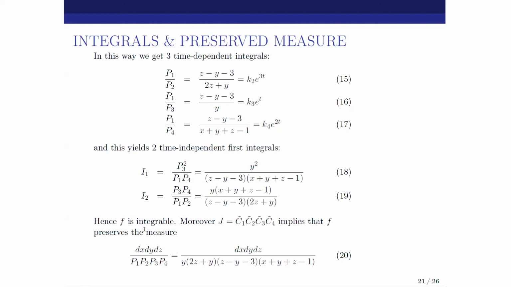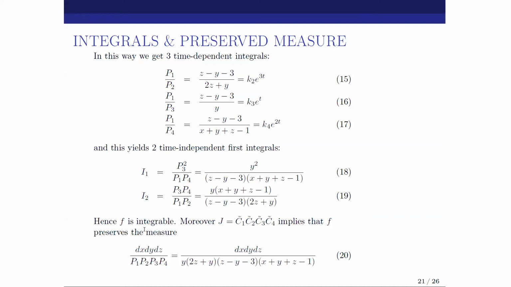That makes it integrable. And on top of that, it also turns out that it's measure preserving. Now, these 2 integrals we found in 18 and 19 are both rational functions. And remember, my mantra says polynomial is good, rational is bad.